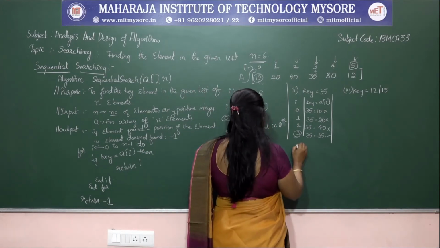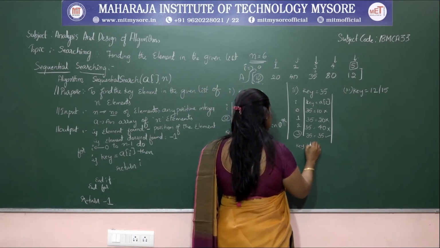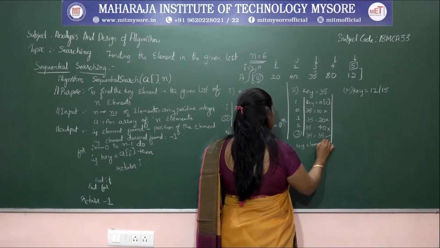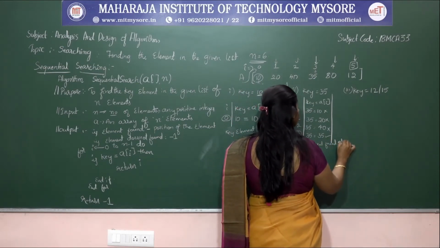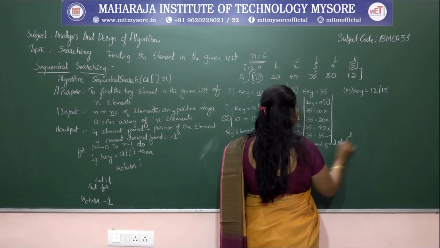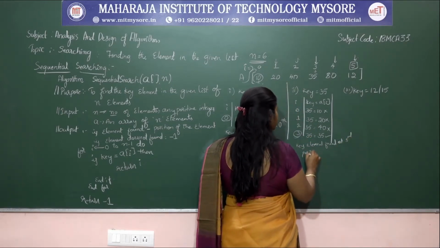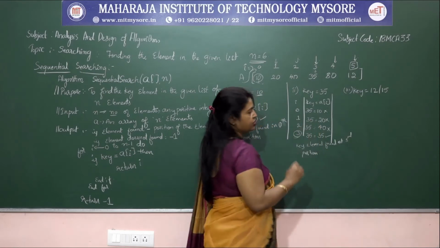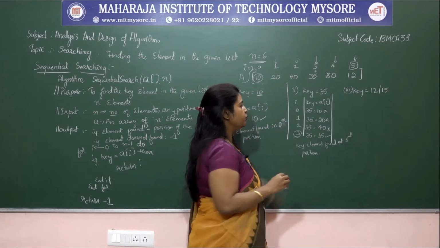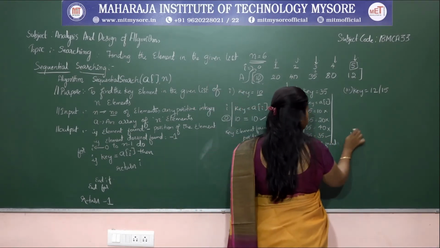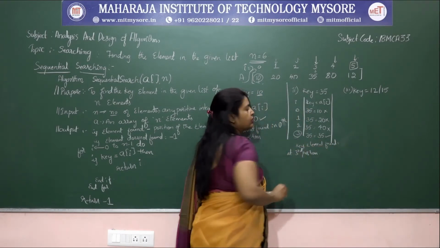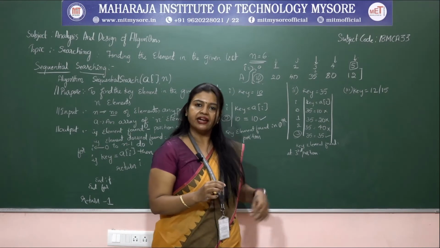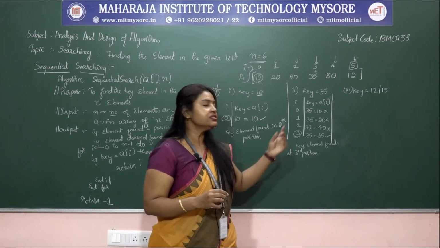So the key element is found at the third position. In the third position we are going to find the element, whatever we are searching for. Okay, so this is the second demo.